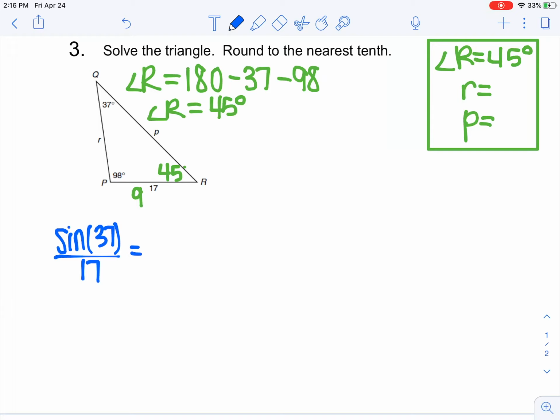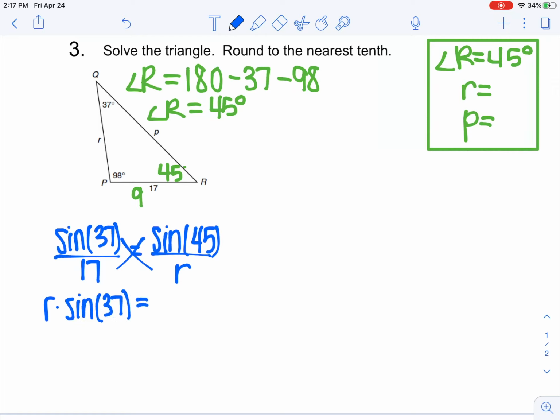That's going to be on one side of my proportion. And then it really doesn't matter if I solve for R or P next, because I know the angles but not the sides. So either one, we're going to have to do both. So let's just start with side R. So we know that angle R is 45, so we can say the sine of 45 over R. Okay, now that we have our proportion, we can cross multiply. So R times the sine of 37 equals 17 times the sine of 45.